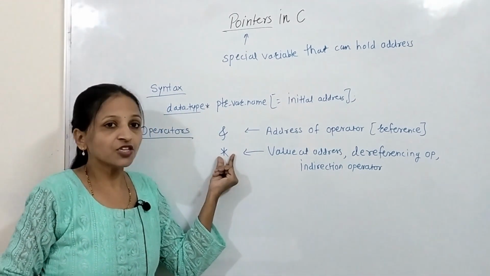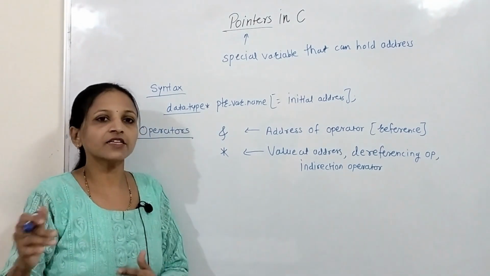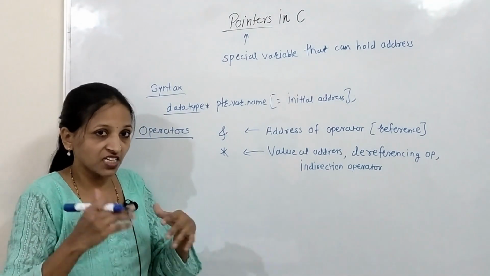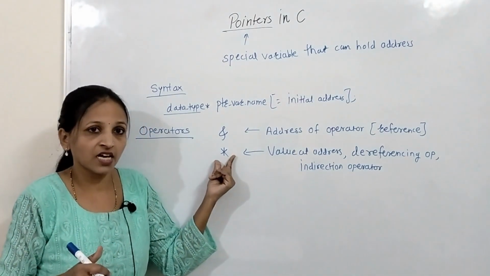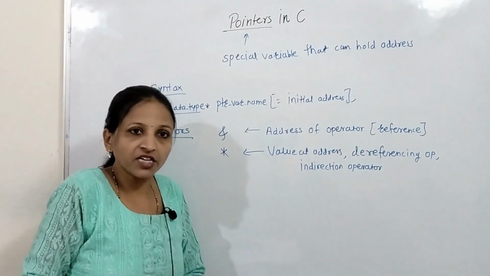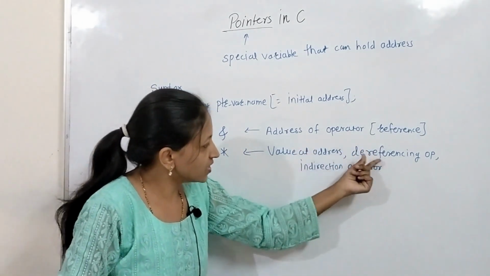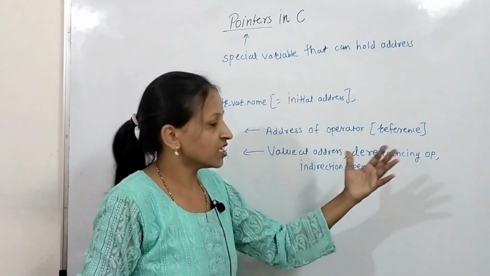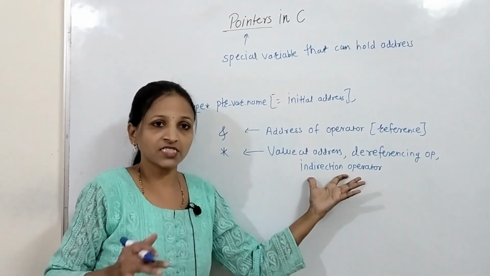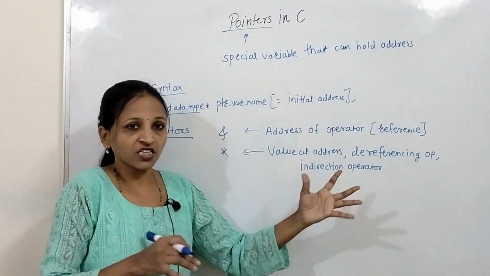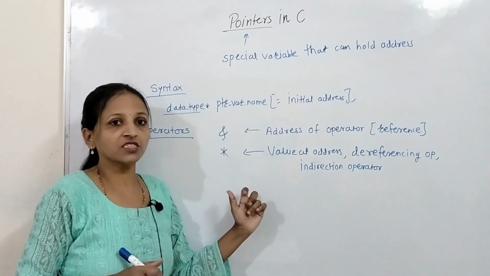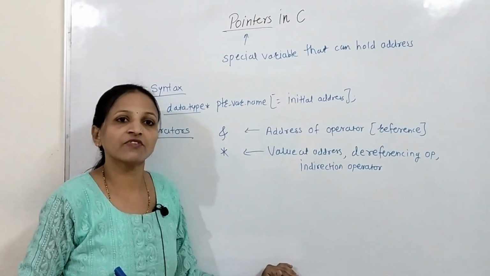But if we are using the star with any pointer variable in any other statement, then the meaning is value at address, or dereferencing operator, or you can call it an indirection operator. What is the exact use of both these operators, I am going to explain with one example.